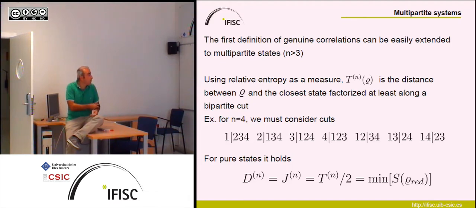For instance, in the case of 4 objects, I will need to consider the following cuts: 1 with the other 3, 2 with the other 3, 3 with the other 3, 4 with the other 3, but also cuts of 1,2 with 3,4, of 1,3 with 2,4, and 1,4 with 2,3. Obviously, the number of things to be considered grows with n, and the calculation can be cumbersome. But the result is simple because Dn and Jn are equal to half of the total general correlation and are equal to the minimum of the possible Shannon entropies of all the subparticles you can find in your system.